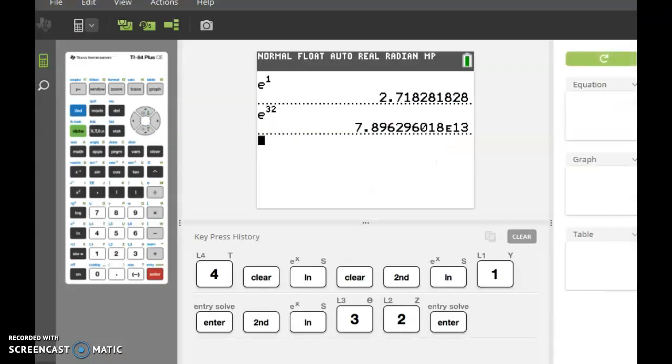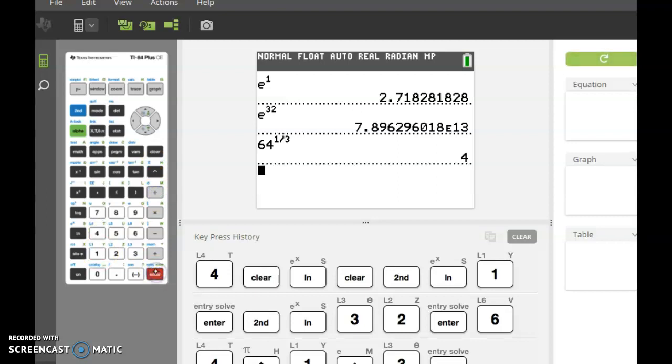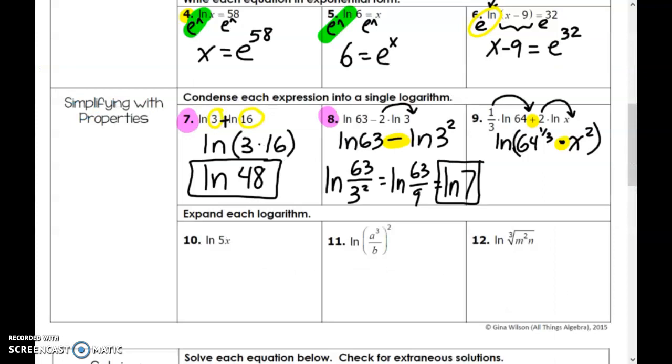All right, 64 to the 1/3, let's go to our calculator here. 64 raised to the power of 1/3, which is the same as doing a cubed root, gives us 4. So 64 to the 1/3 power is 4. So we have the natural log of 4x squared. Just like that. Now remember that natural log is an operation, so it's taking the natural log of 4x squared.